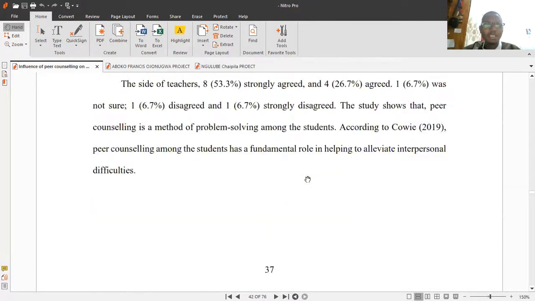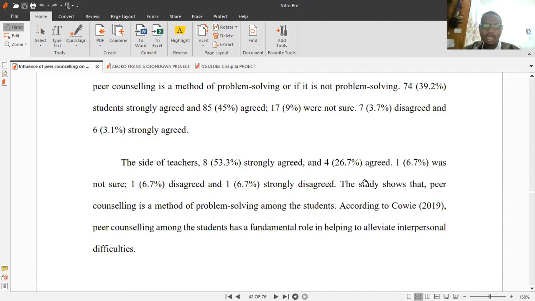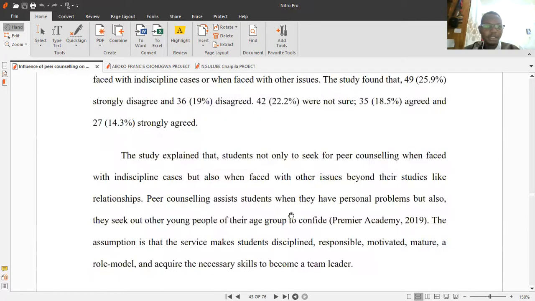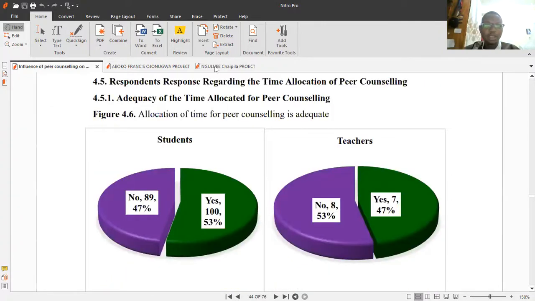Because here you're asking agree, disagree, for students and for teachers. Here, for example, is also strongly agree, disagree, but it's only for students. Then it goes down the line and continues.